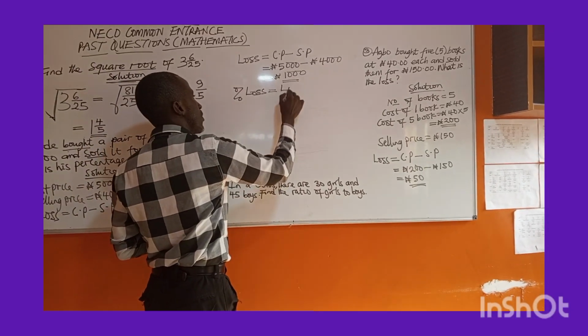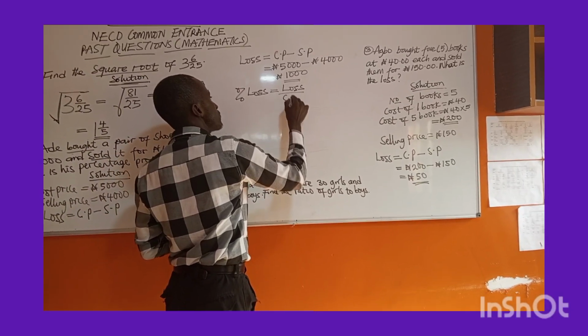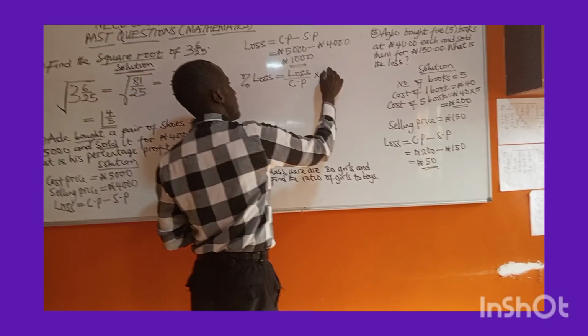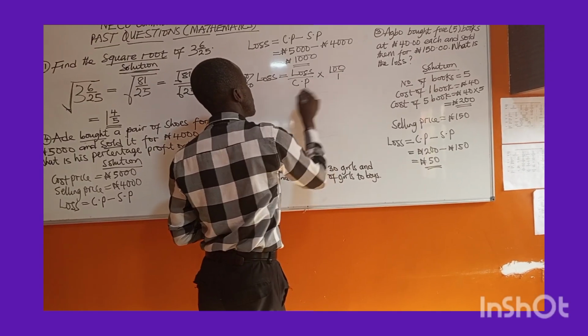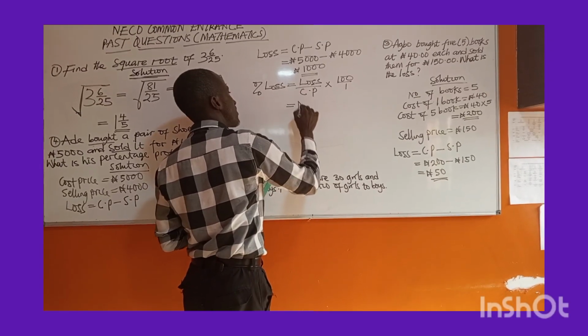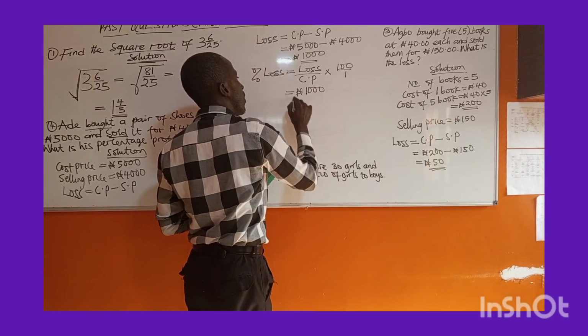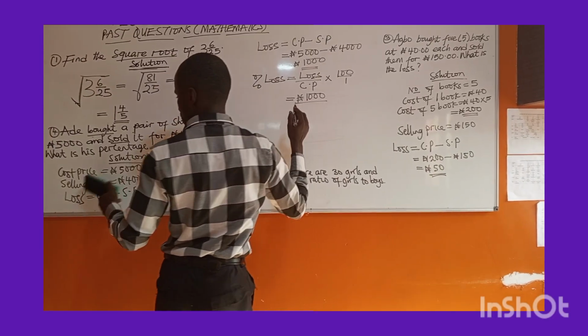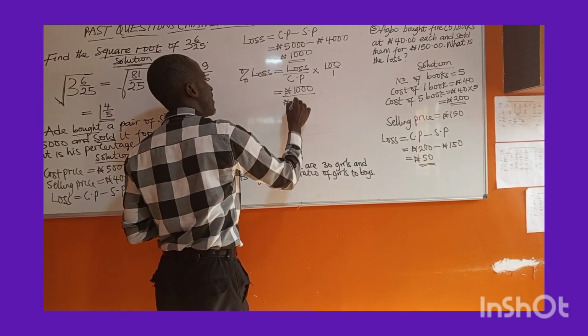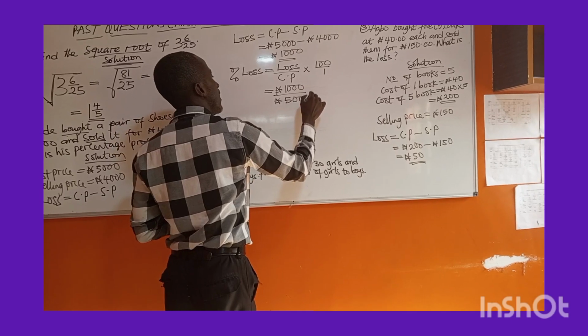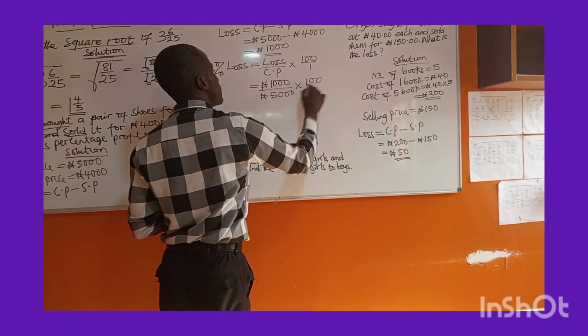Percentage loss is loss over cost price multiplied by 100 over 1. So loss is 1,000 all over the cost price, 5,000 naira, multiplied by 100 over 1.